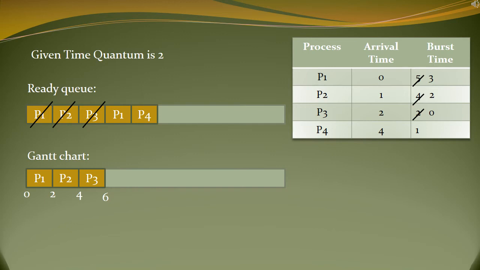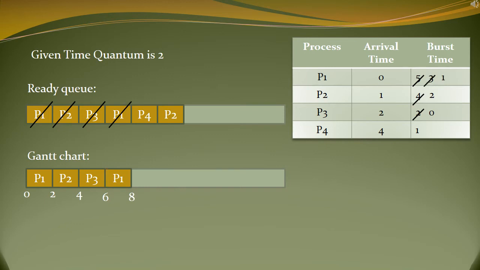So the process P3 is executed and also terminated from the process queue. So the remaining burst time for P3 is 2 minus 2 equal to 0. Here also the context switching happened. That is, P2 is saved for later use and P3 is executed.